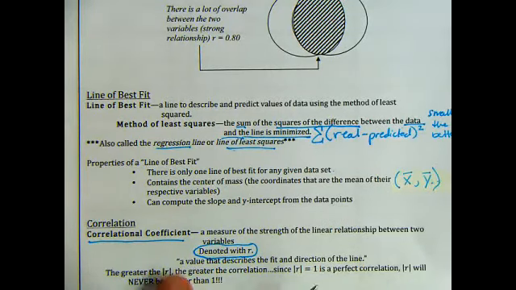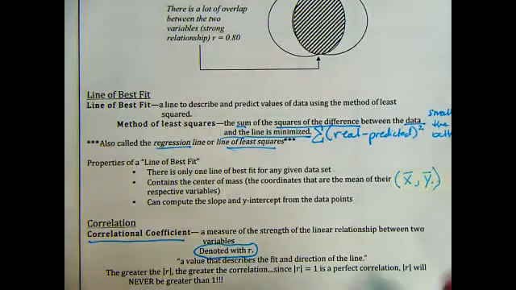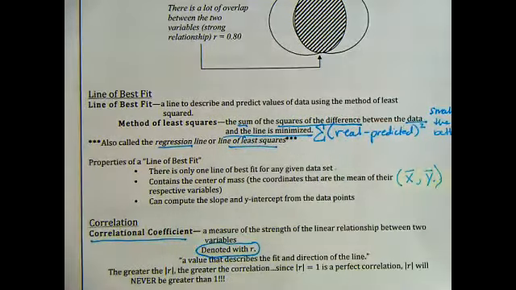It is a value that describes the fit and the direction of the line. So fit meaning how tight your dots are, right? That's the fit, if you guys remember from 2.2. Let me pull that out.